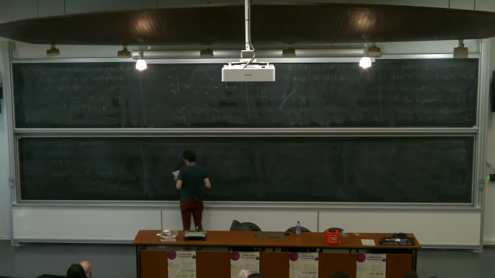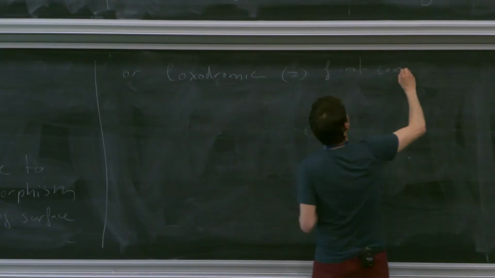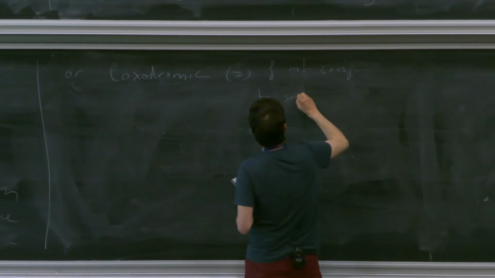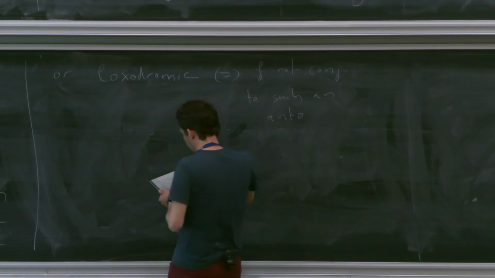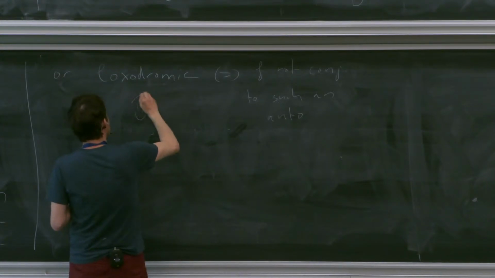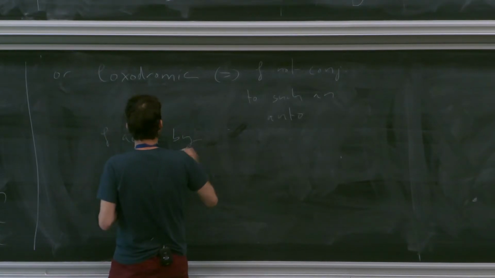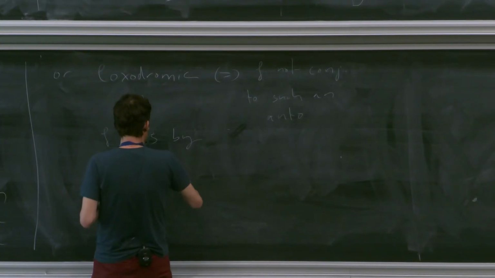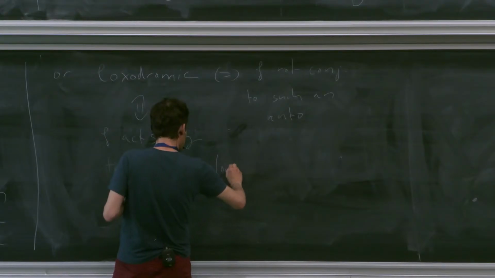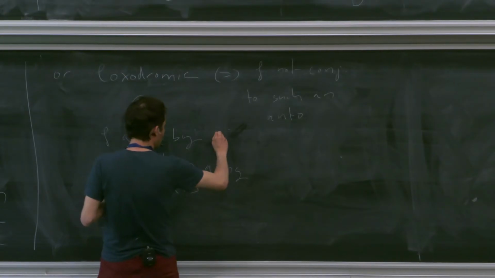And it's equivalent to saying that F is not conjugate to such an automorphism. Also, this means that it preserves an axis, translation along an axis, but non-trivial.